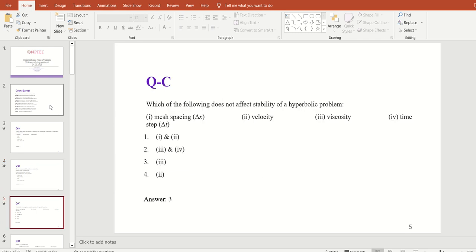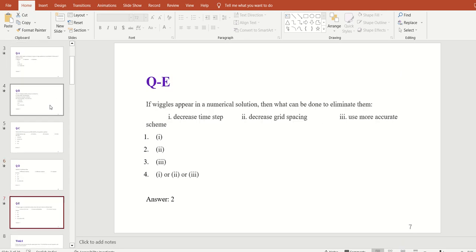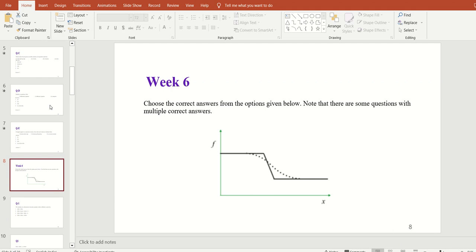We also saw the properties affecting the stability of a problem, the properties that do not affect the stability in a hyperbolic problem, and how to reduce the oscillations, one way being decreasing the time grid spacing.